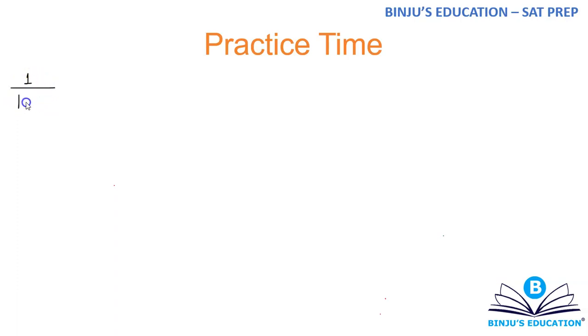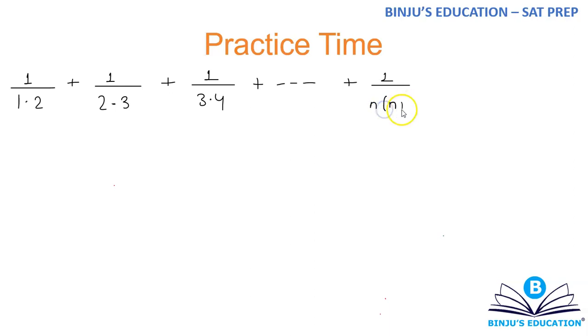I have 1 divided by 1 into 2 plus 1 divided by 2 into 3 plus 1 divided by 3 into 4 and so on and so forth, 1 divided by n into n plus 1. You need to find the sum of this series.